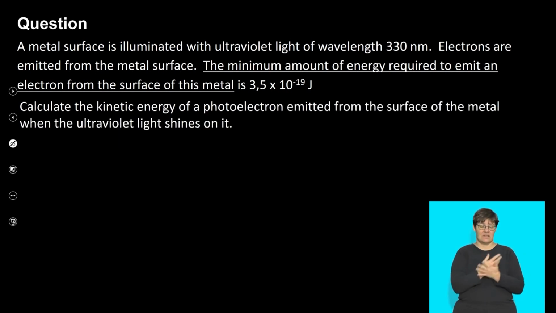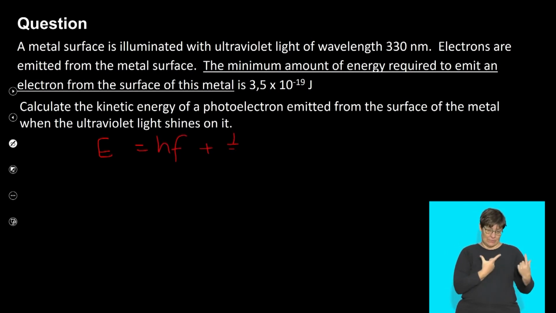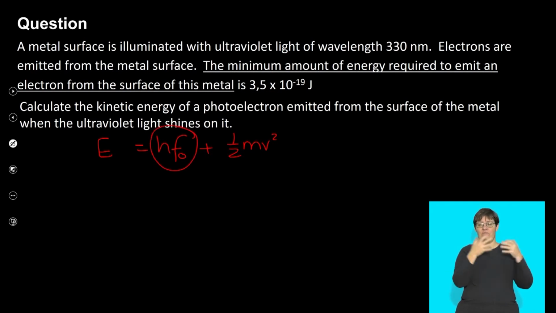Now just quickly. Now they want the kinetic energy of the photon emitted. Same as what we did just now, except, and I'm not going to do the whole calculation. This is for you to work out. This is essentially the equation we're using. It's the same thing as we've done before. I've worked out f0. I don't need this. They've given me that value.